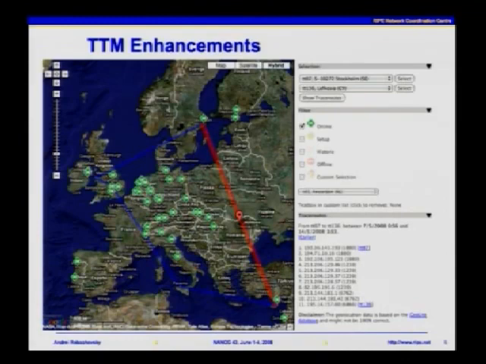And using this interface, you can actually also access graphs on packet loss, delay, and jitter. And though the geolocation service can play jokes sometimes, it gives you some insight into interesting patterns you have with your connectivity.